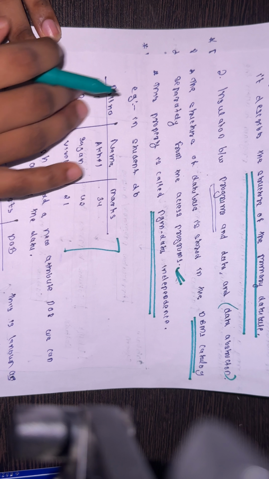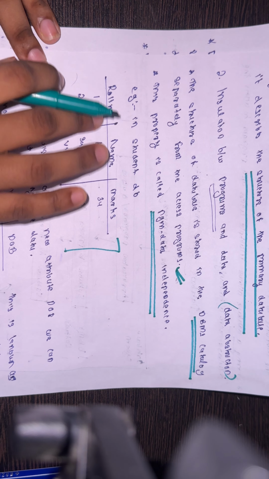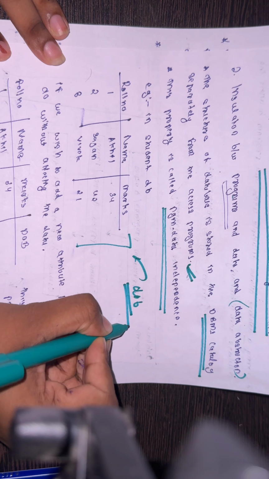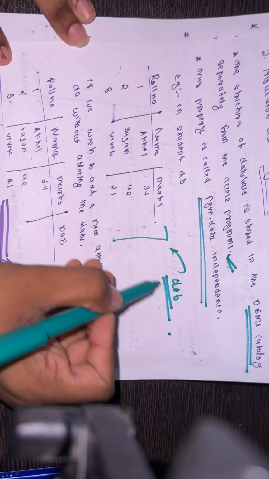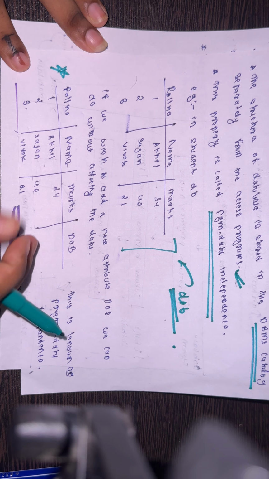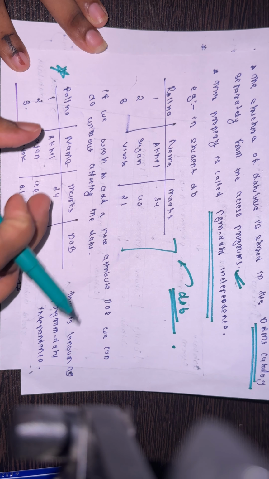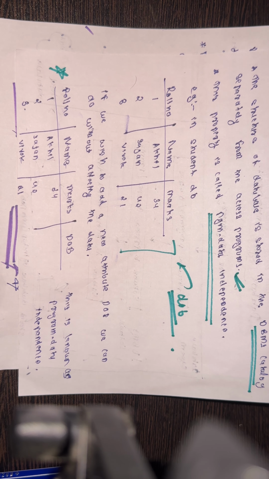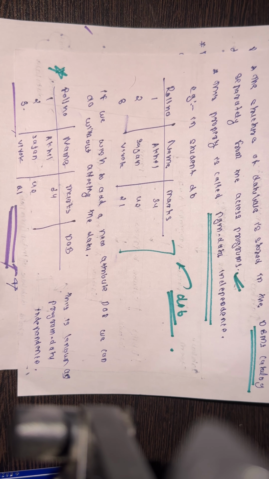If I want to add date of birth to the structure, I can directly add date of birth and create this table with date of birth without changing the data in it. This is called program-data independence, because the access data and the DBMS catalog are both stored separately.